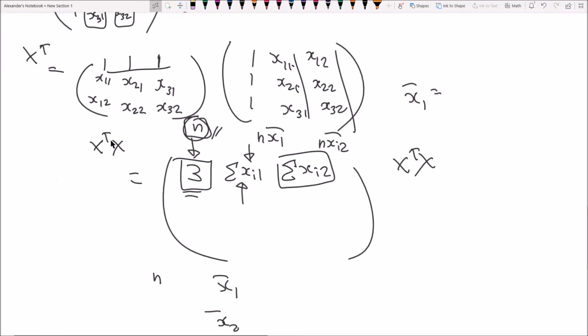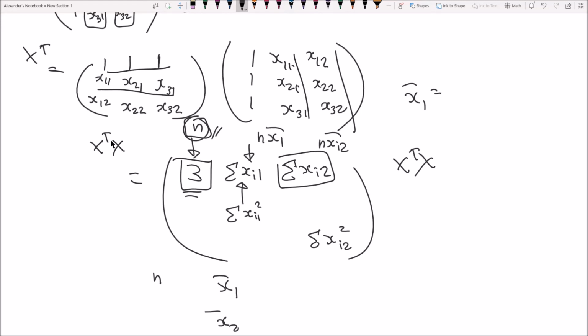And if we look now at the diagonal terms, specifically the terms in this main diagonal, we will have row 2 multiplied by column 2. So we will have x11 squared plus x21 squared plus x31 squared. So we have the summation of xi1 squared. And here we are going to have the summation of xi2 squared.